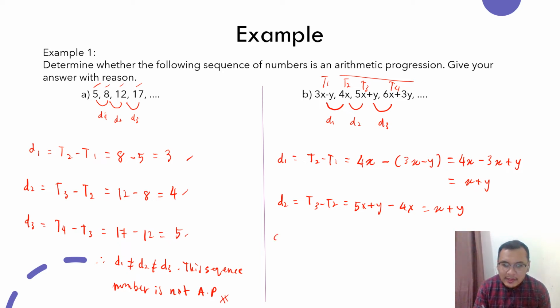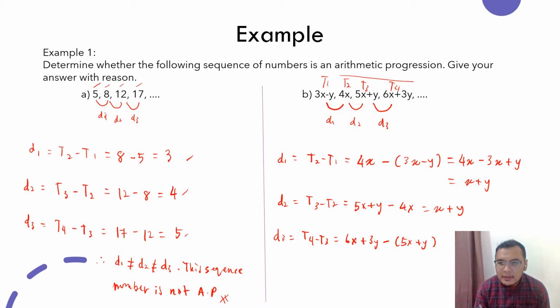What about D3? D3 is T4 minus T3. And what is T4? T4 is 6x plus 3y minus 5x plus y.